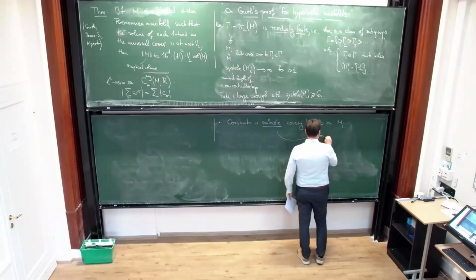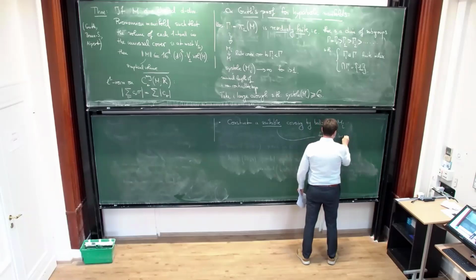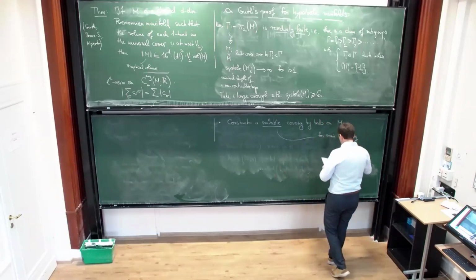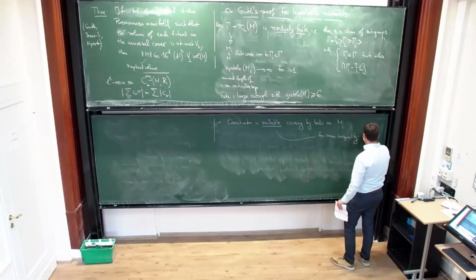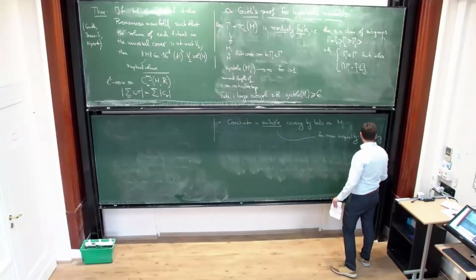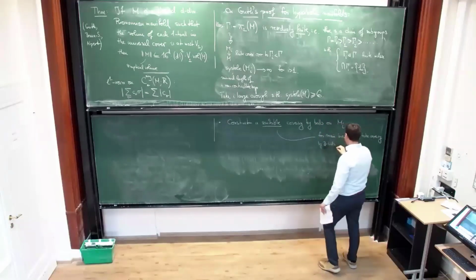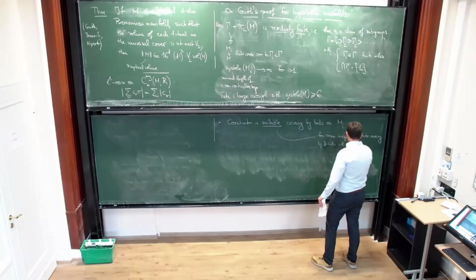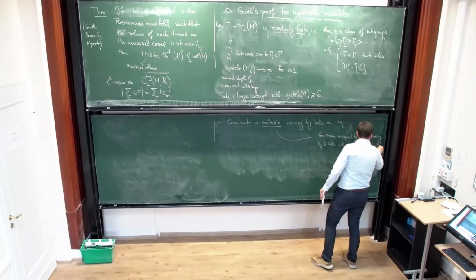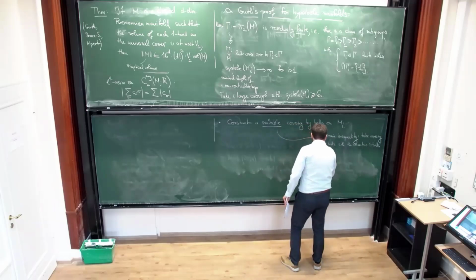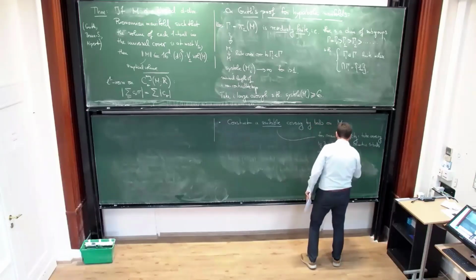So for the main inequality, take any covering by, let's say, 1 balls, or 3 balls actually, it doesn't matter, 3 balls such that the concentric 1 balls form a maximal packing of the manifold. Packing means that these are disjoint, sitting inside the manifold.